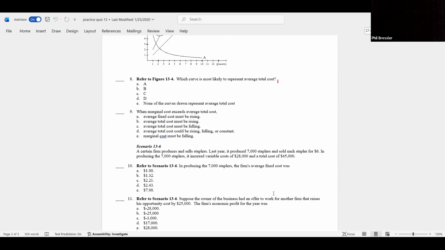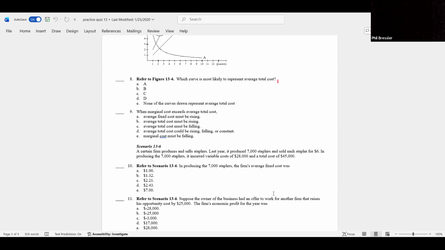So let me go over that again. Staplers, 7,000 times $6, total revenue 42,000. I know if variable cost is 28 plus fixed cost, which is X, equals 45, fixed cost has to be 17. Now here, they asked for the firm's average fixed cost.